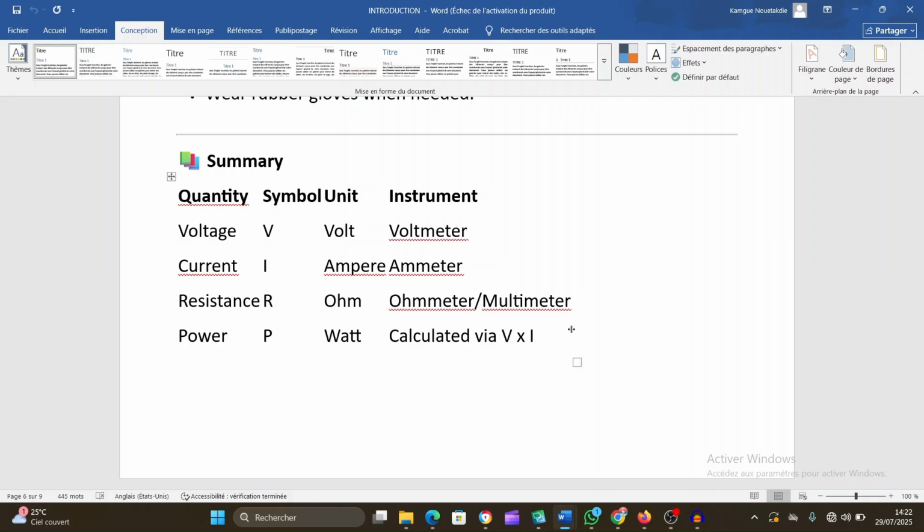That is the instrument that is used when you want to know the current. If you want to know the resistance, you use the ohm meter or the multimeter. And the power is usually calculated via V times I. So these are the instruments that I use.